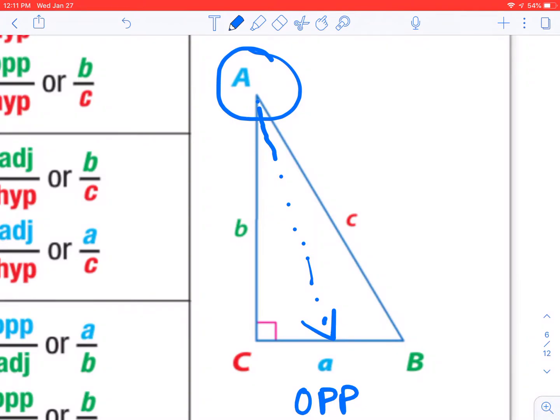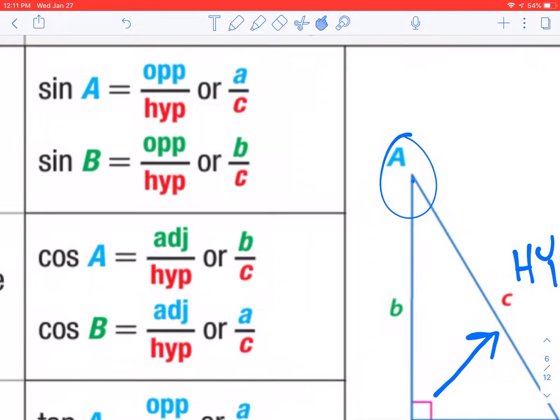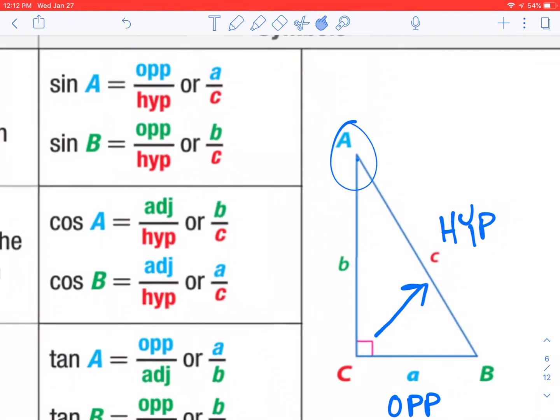The next word is hypotenuse. We always know that the hypotenuse is always opposite the 90-degree angle. So this is the hypotenuse. So to find the sine of my angle, the sine of angle A equals the opposite side divided by the hypotenuse. So A over C.